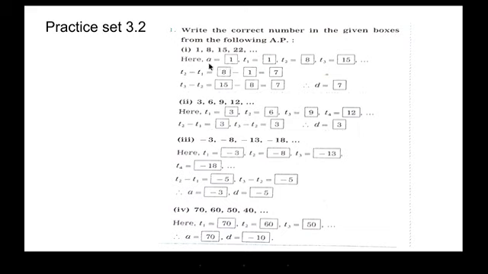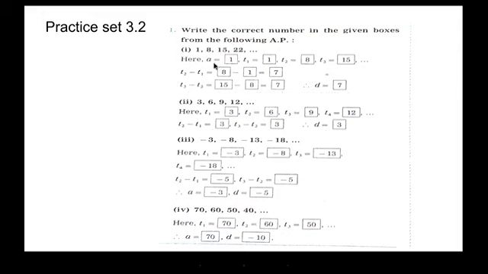Here the first sum, the AP given is 1, 8, 15, 22 and so on. The first term is given as A. It is also written as T1. So A and T1 means the first term, that is equal to 1. The second term T2 is equal to 8. The third term T3 is equal to 15 and so on.